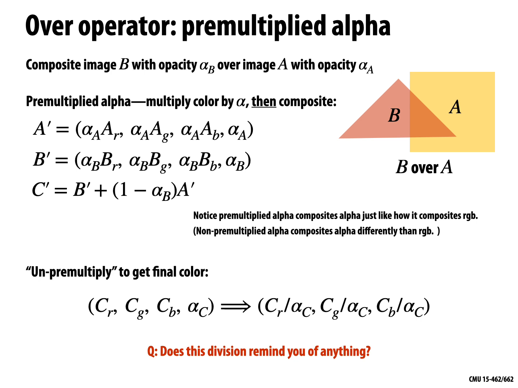By the way, does this division remind you of anything? Does this division and adding a fourth coordinate onto our vectors, does that remind you of anything we've seen before? Well, hopefully it reminds you of our discussion of homogeneous coordinates, because that's exactly what this is. We're expressing our colors and our alpha values in homogeneous coordinates.